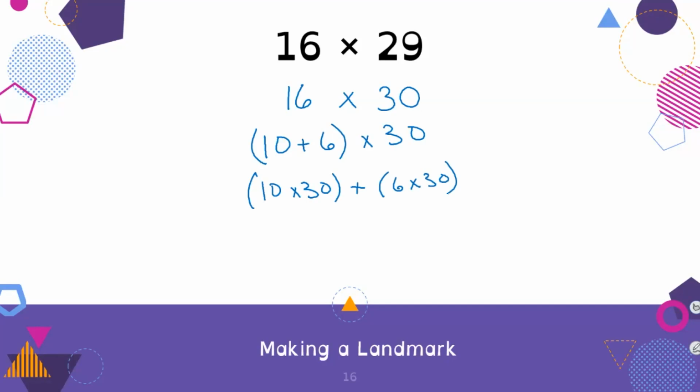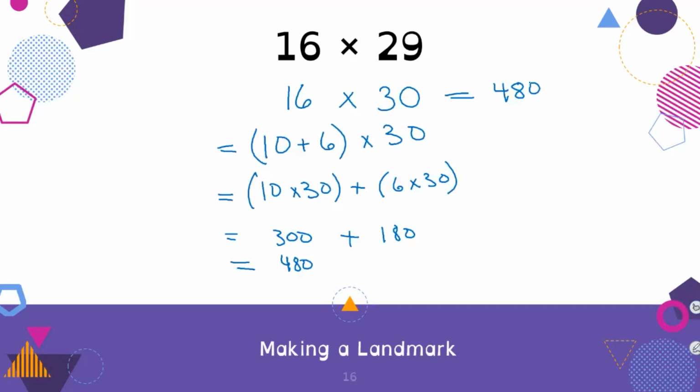I'm just writing out my steps so that you can see what it is that I'm actually doing. So 10 times 30 is going to be 300. And 6 times 30 is going to be 180, because 6 times 3 is 18. So in total, it's going to be 480. So 16 times 30 is 480.